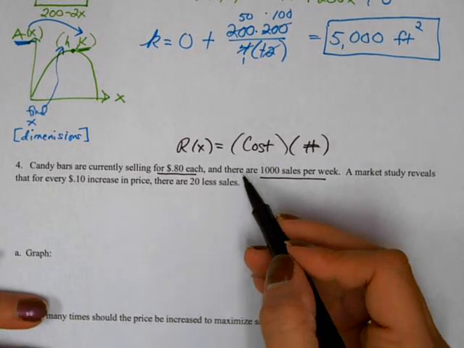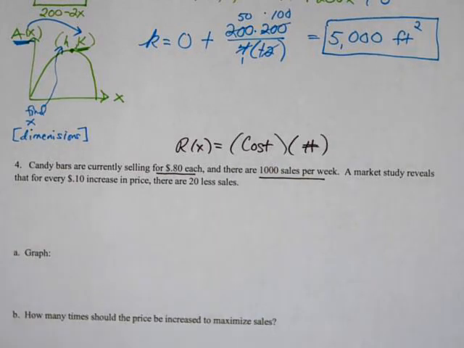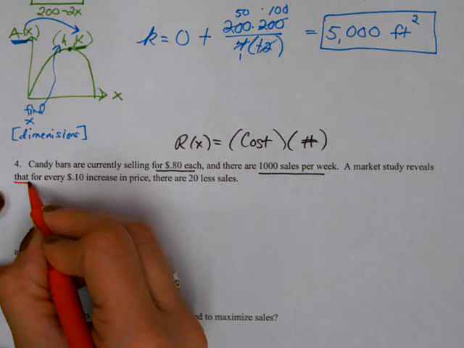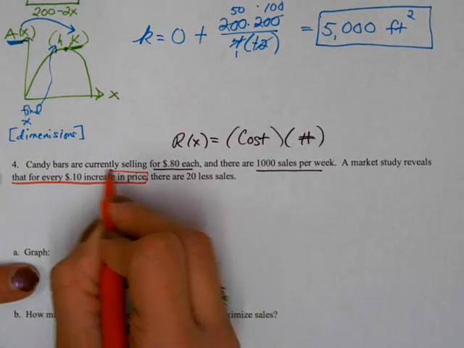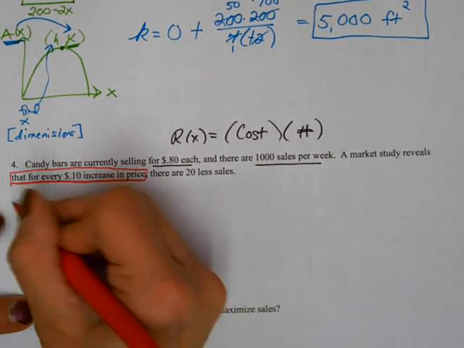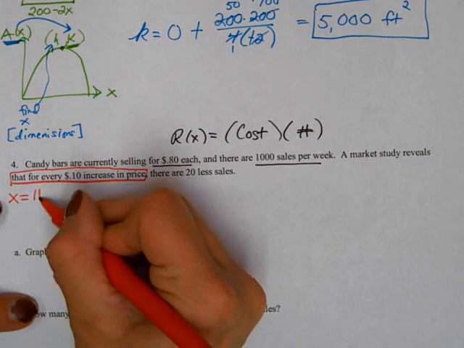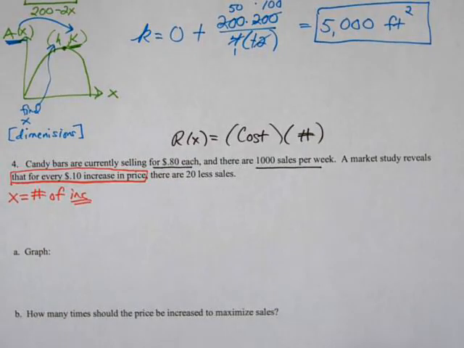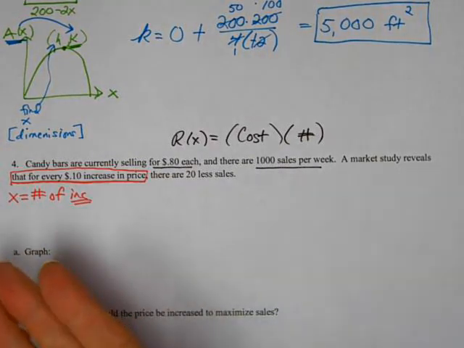One of these goes up while one of them goes down. And you have to look for the word for. A market study reveals that for every increase in price. Immediately write down that X is going to be the number of increases. So if the problem says how many times should I increase, then you find X.